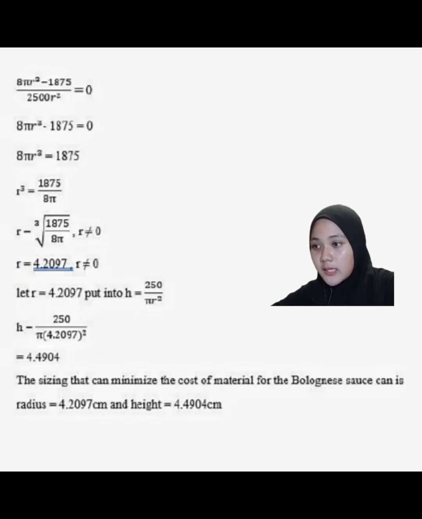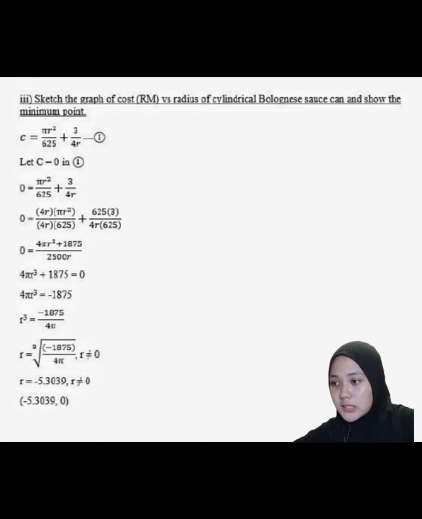The sizing that can minimize the cost of material for the bolognese sauce can is radius equal to 4.2097 cm and height equal to 4.4904 cm.